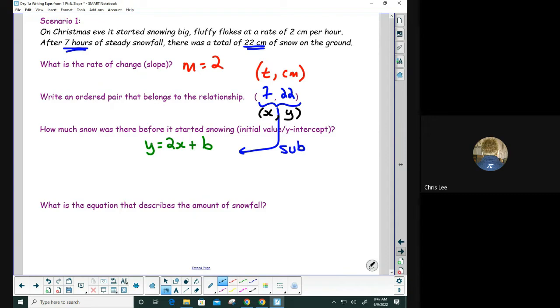Your x comes first alphabetically, so it comes first algebraically. So wherever I see an x, I'm going to replace it with 7. And wherever I see a y, I'm going to replace it with what number? 22.